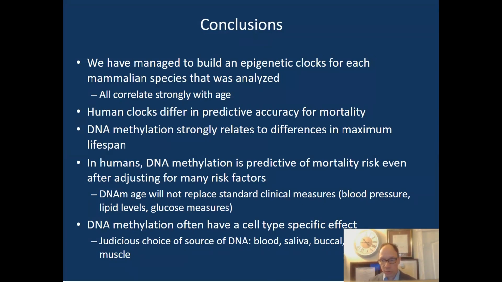As I've shown you, some conditions are associated with age acceleration in adipose tissue, but not in blood or in muscle tissue and so on. So you can generate methylation data from blood, saliva, buccal swabs, even urine contains enough DNA.